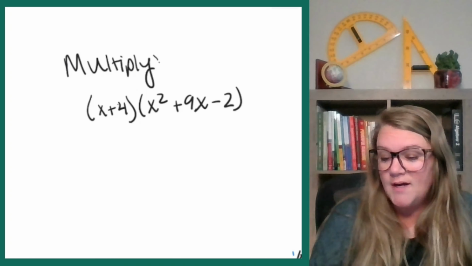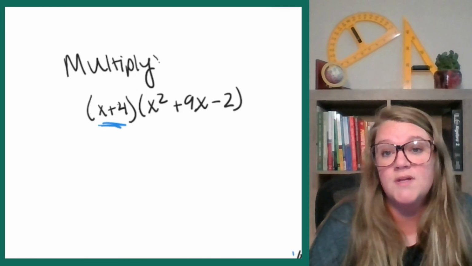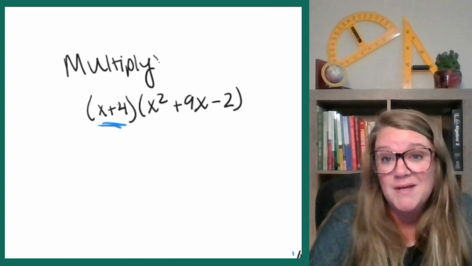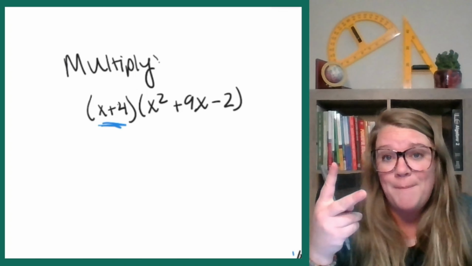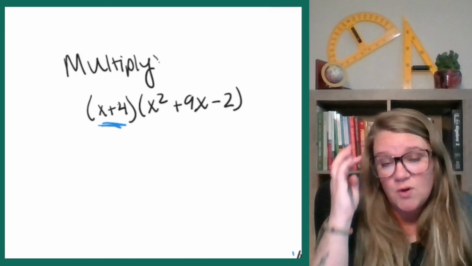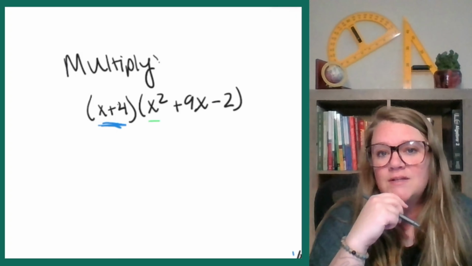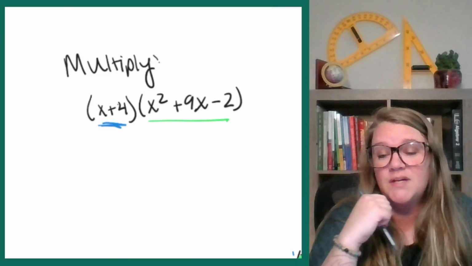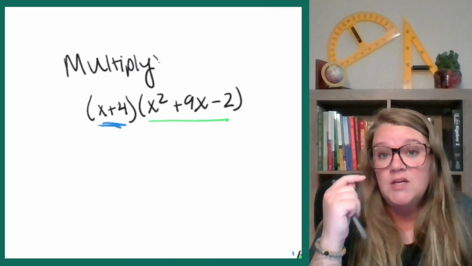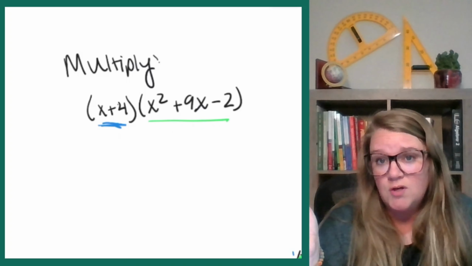Our first factor has two terms. Remember, that's called a binomial. Like a bicycle has two tires, a binomial has two terms. Okay, so our first one is a binomial. Our second one, underlined in green here, is a trinomial because it has three terms. So we're taking a binomial times a trinomial, two terms times three terms.